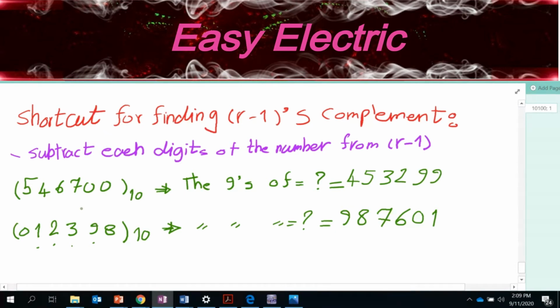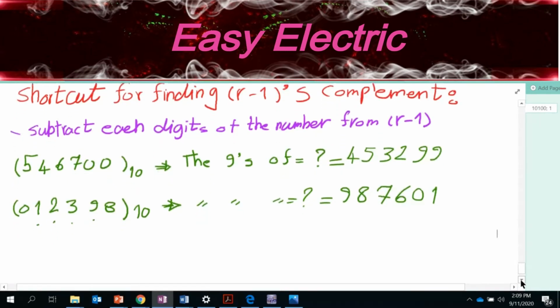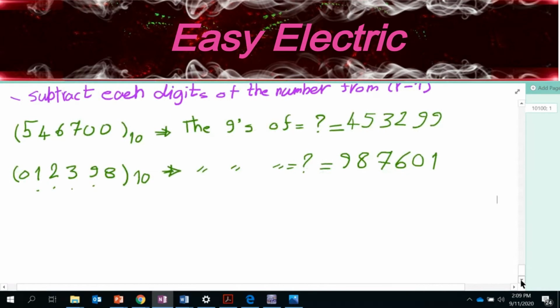Okay, so let's have a few more examples for base 2. In base 2, the r-1 complement is the 1's complement, right? You have a few numbers here. Let's have one example for base 2.